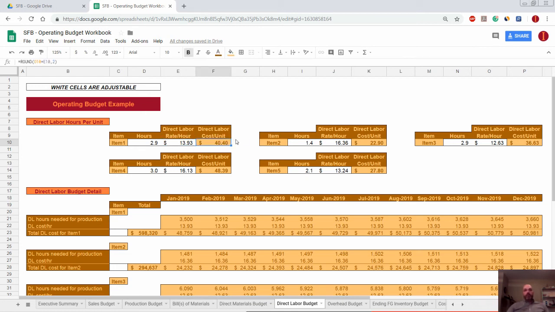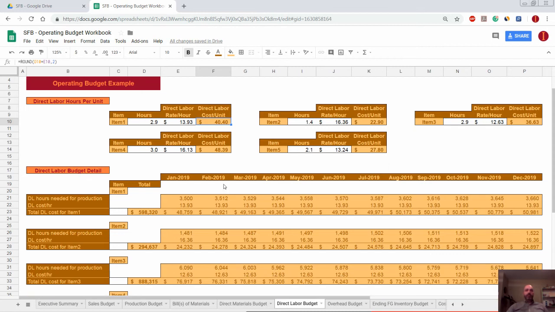Direct labor cost per unit is simply multiplied out: 2.9 times 13.93, $40.40 is our budgeted amount of labor for each item 1. You can see the same thing is done for each item.